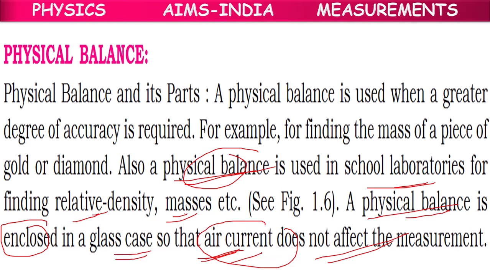If the air blows with great speed, the physical balance will get affected and the measurement will change. That's why the physical balance is closed in a glass case to avoid air currents.